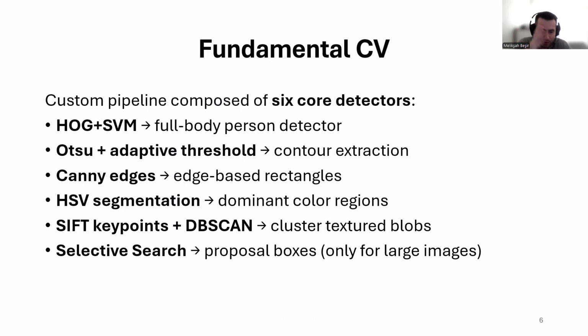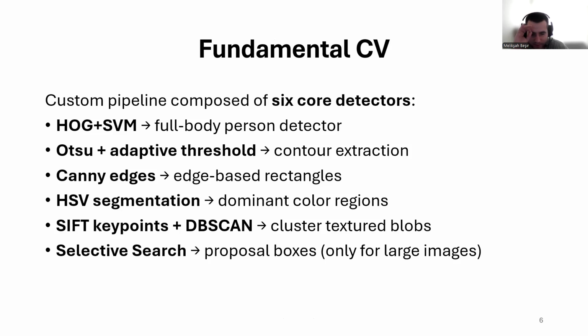And on the other side, I built a classical computer vision pipeline, the fundamental methods, from six core components: HOG and SVM for person detection, adaptive thresholding for contour extraction, Canny edge detection, HSV color segmentation, SIFT keypoints with DBSCAN clustering for textured regions, and selective search for object proposals.